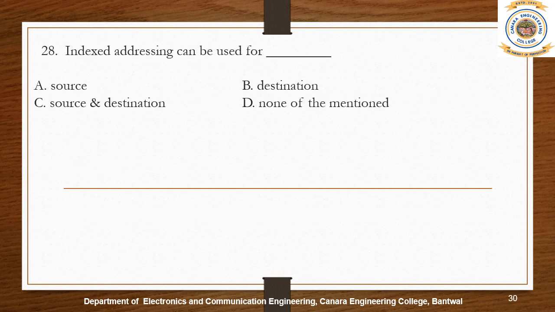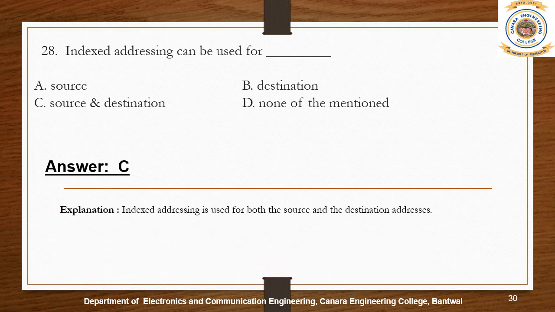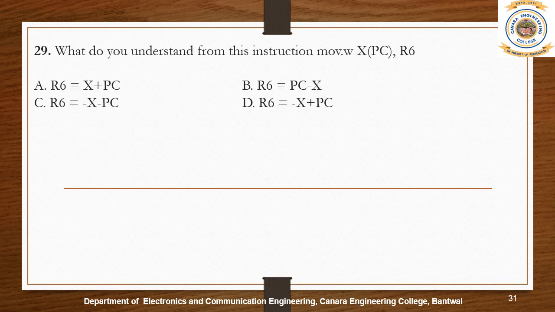The indexed addressing mode is a type of addressing which consists of a base address and an offset. The base address will be fixed, whereas the offset keeps on changing based on the location which you are supposed to address. The instruction format for MSP430 is a mnemonic, the source operand and the destination operand.